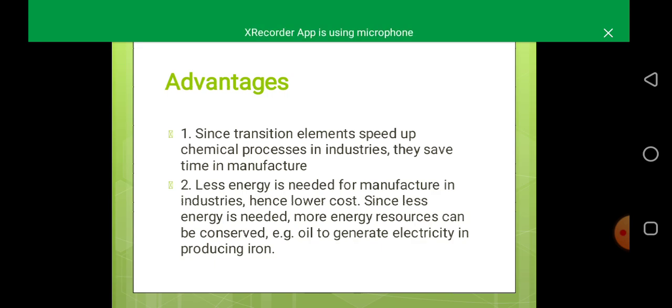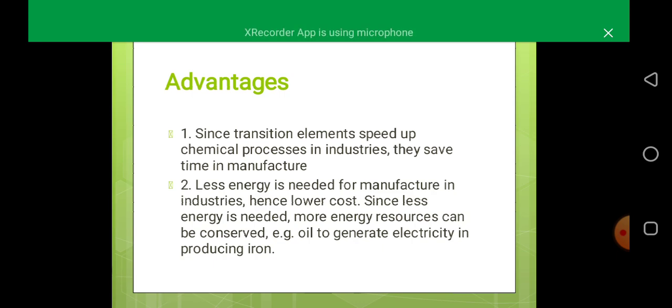Advantage: since transition elements speed up chemical processes in industry, they save time in manufacture. They also save costs for manufacturers. Transition metals are very important in reducing the cost of production, and when we speed up the chemical reaction, we can save energy.